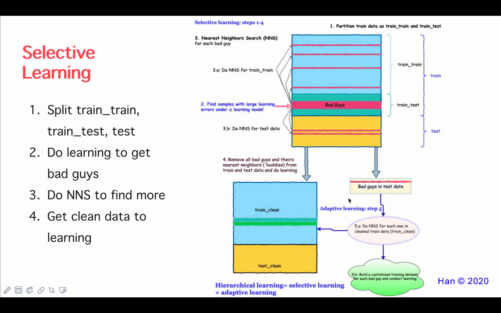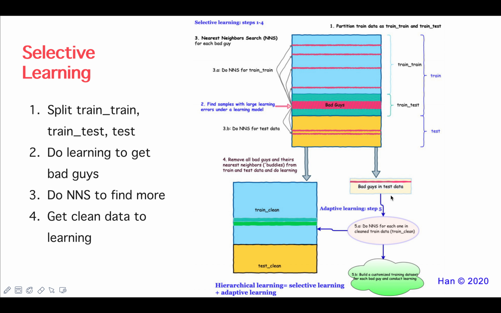And also we have step 5. It is adaptive learning. You find your bad guys in the test data, right? But maybe too much data is dropped, or you lost some information.